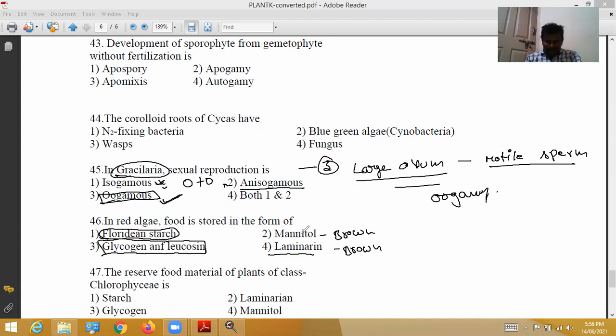In green algae, glycogen and leucosin food is stored. In red algae, the food is stored as Floridian starch. They have asked about red algae, so the first option is correct. The second, third, and fourth options are wrong.